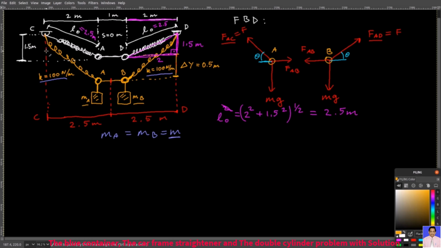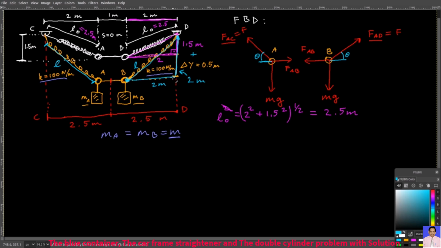And now what I want to do, I want to find the length of this spring, L, in this loaded mode. The springs are loaded when you attach the cylinders here. Again, since the masses of those cylinders are the same, and there is horizontal symmetry, and vertically they are on the same level, they both have the same L. And it's very easy to find it as well, because this distance here is 2 meters, and this distance is simply 1.5 plus 0.5 meters.